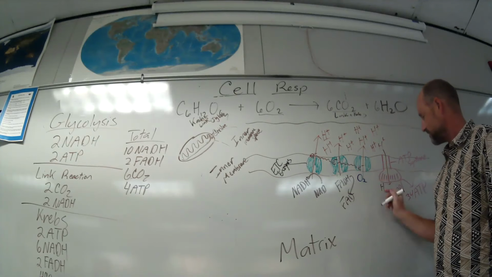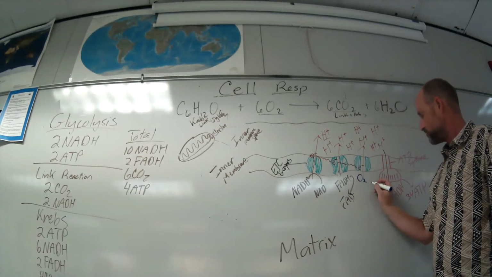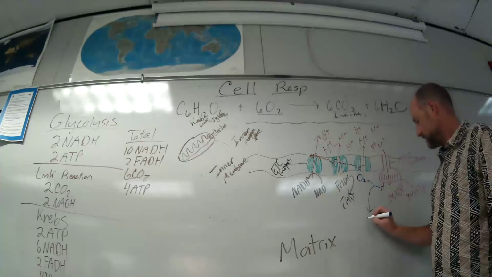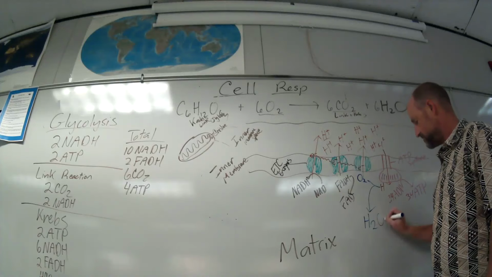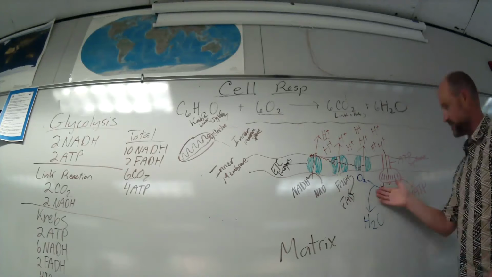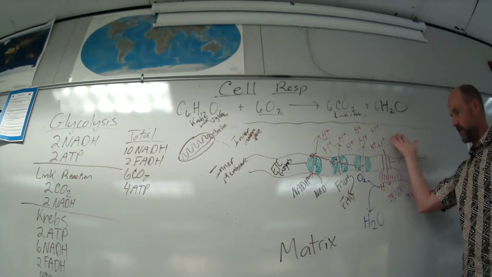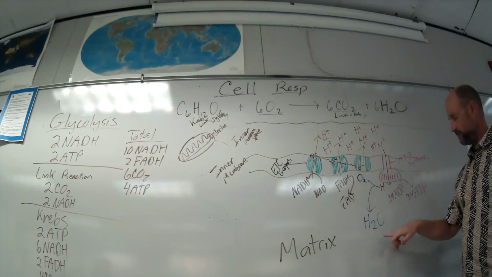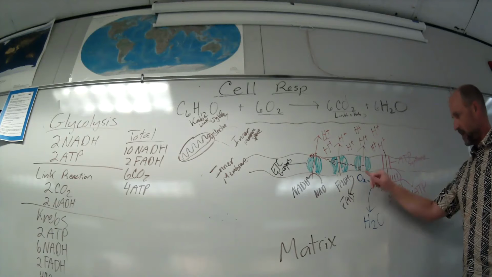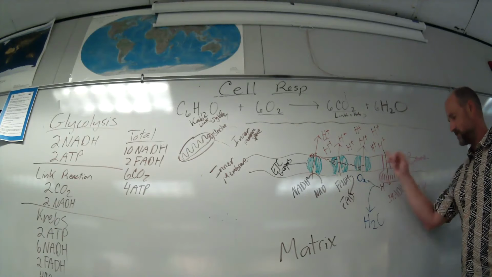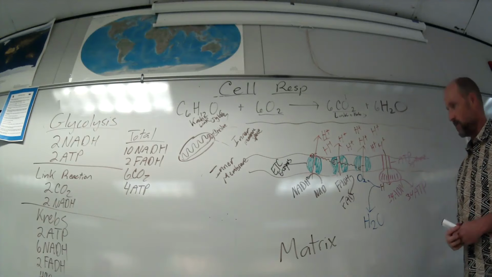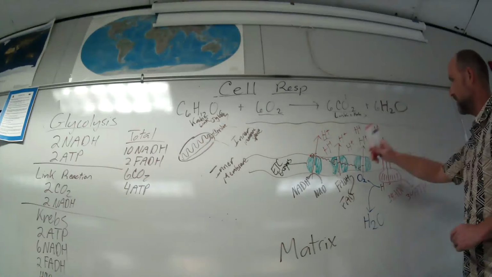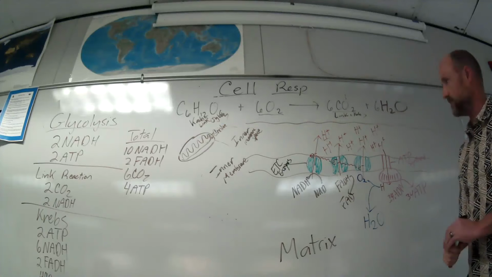Oxygen is going to take that spent electron, and it's also going to join with 2 of the hydrogens that come out, and we produce H2O. These hydrogens, to help keep the gradient, are going to attach 2 to every oxygen molecule, and oxygen is the final electron acceptor, and we now produce our water. Overall, for every glucose, we would end up producing 6 waters after we used 6 oxygens.